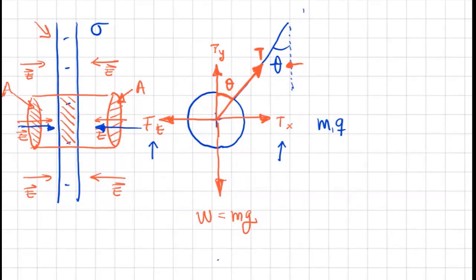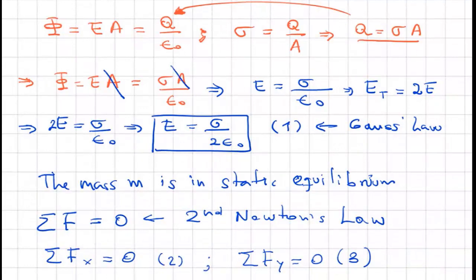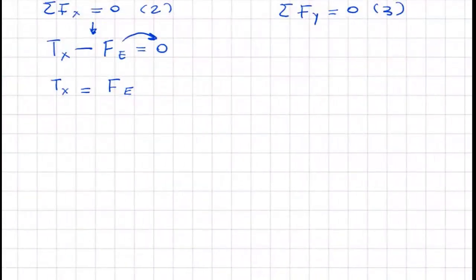The angle is on the other side. That means the x component is equal to the tension multiplying the sine of theta. So this equation takes this form: T times sine of theta is equal to the electric force.